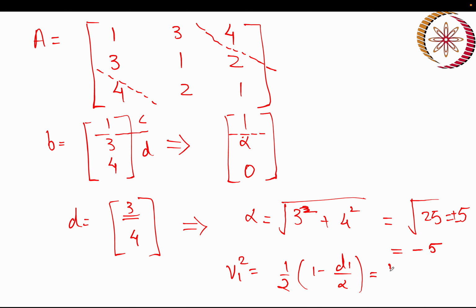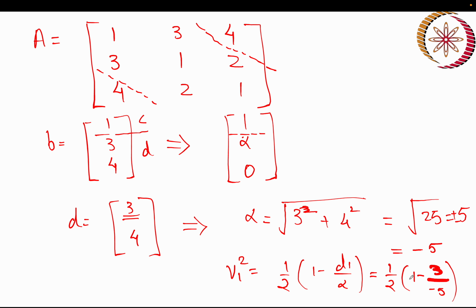Okay, so half of 1 minus d1 is 3, alpha is minus 5. Okay, so v1 squared is equal to half of 1 plus 3 by 5.